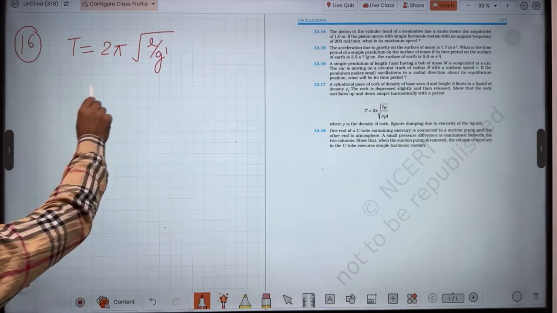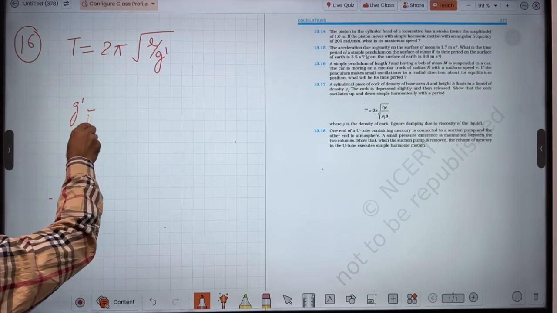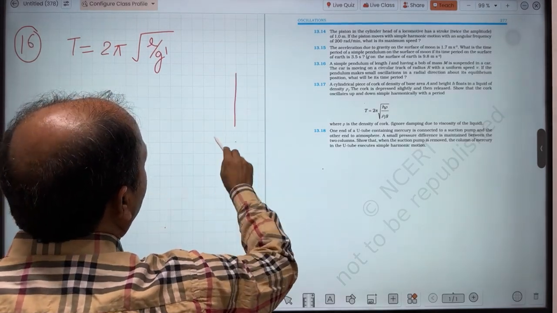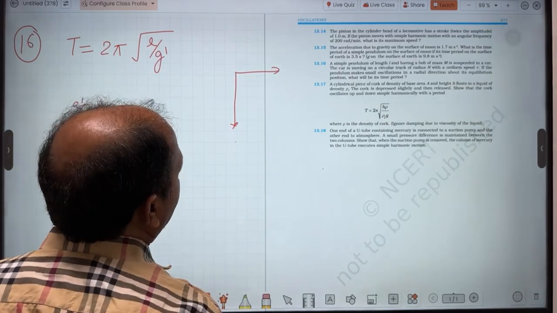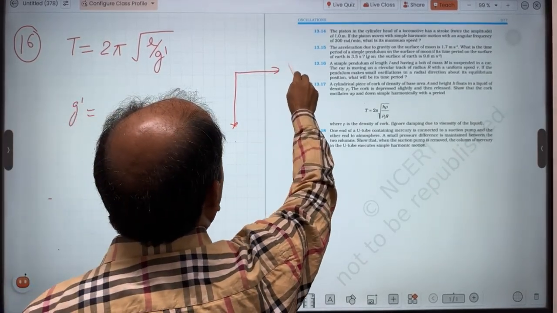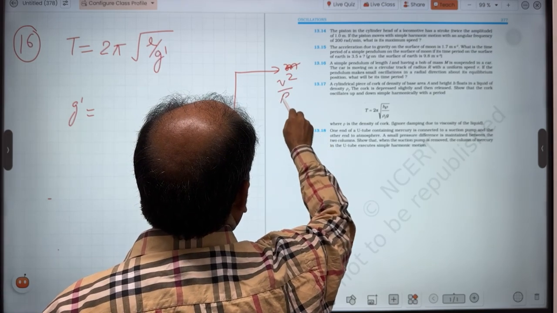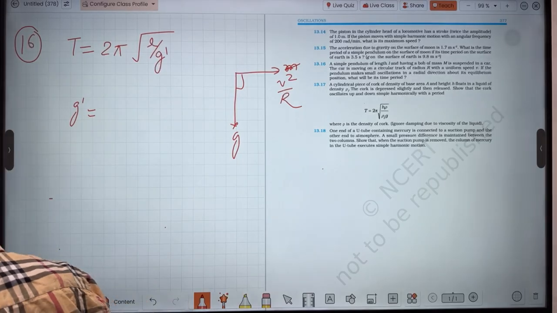Here there will be two accelerations. So g dash will be equal to acceleration due to gravity. Suppose this is like this, and then there will be another acceleration, v square divided by r, and this will be g, and both are at 90 degrees.